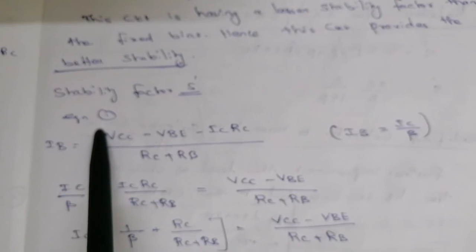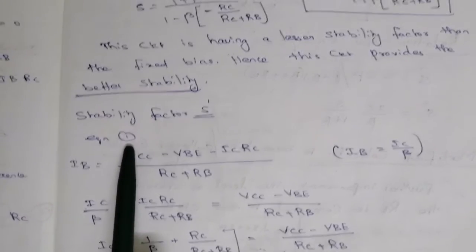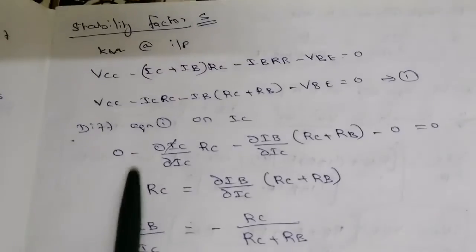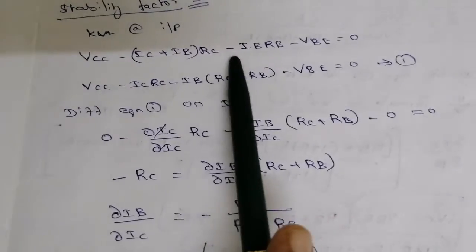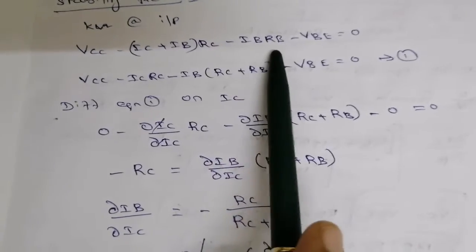Next one, stability factor S dash. Already we have equation 1. So consider equation 1, which is VCC minus IC plus IBRC minus IBRB minus VBE. From that equation, we can derive the IB value.